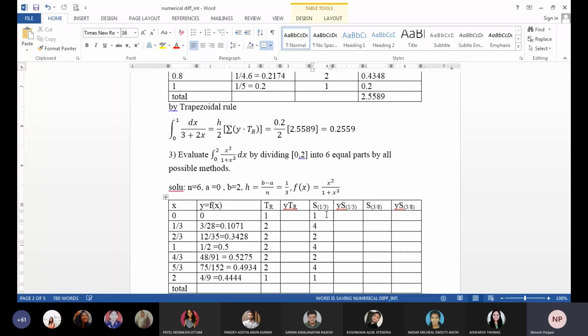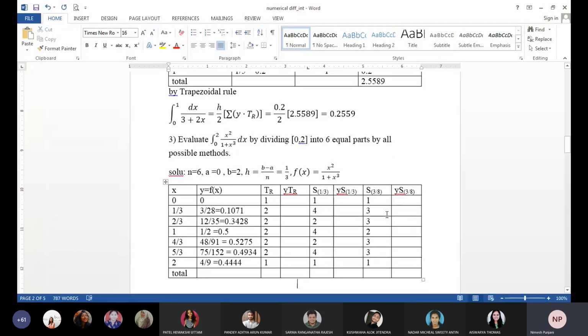First and last is 1, and in between you have 4, 2, 4, 2 alternating. 3/8 is 1, 3, 3, 2, 3, 3, 1. These are the patterns of the coefficients for 1/3 and 3/8. 1/3 is 1, 4, 2, 4, 2, 4, 2, 4, 1. 3/8 is 1, 3, 3, 2, 3, 3, 1.